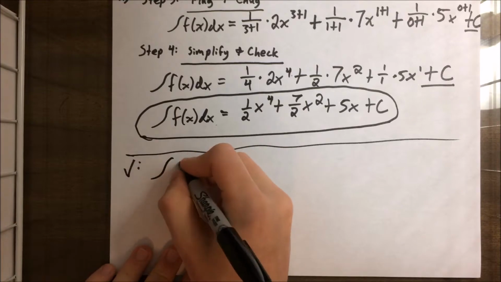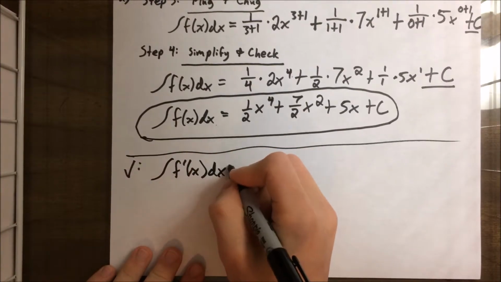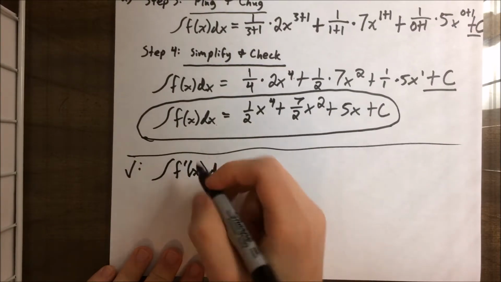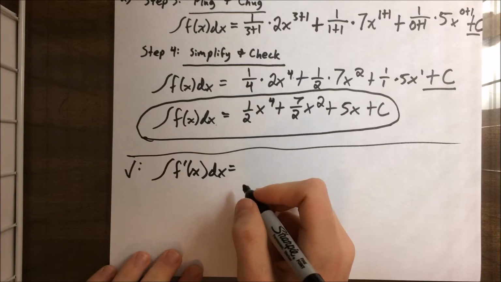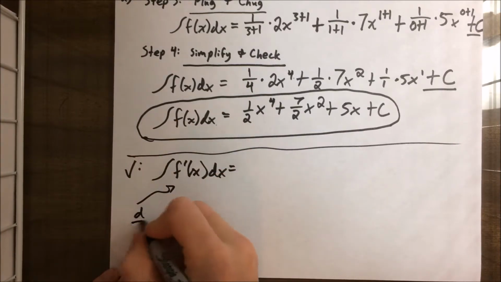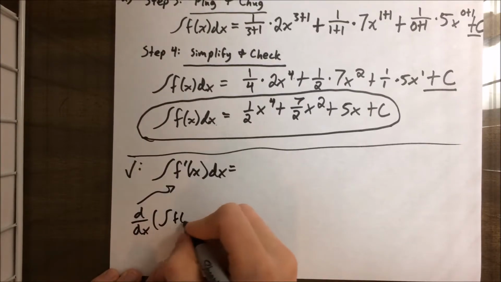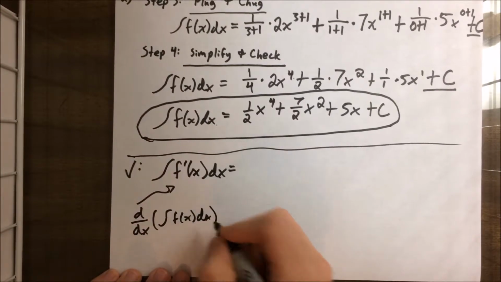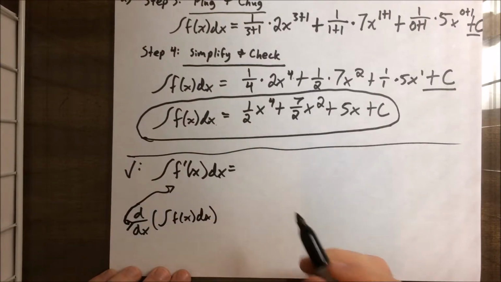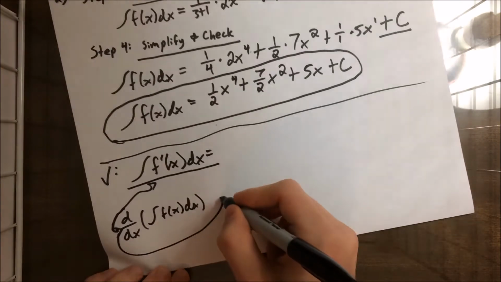So really what we're doing, this is what we're really looking at, is d over dx of the integral of f of x dx. That's what we're really looking at right here. Okay, so that's what that is.